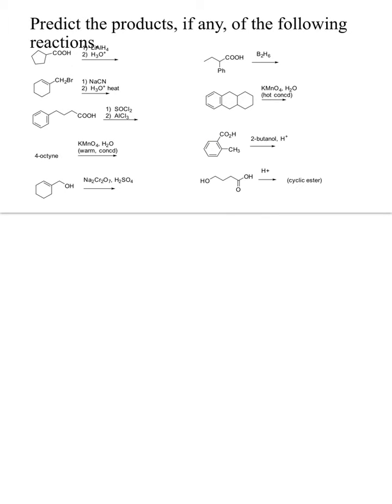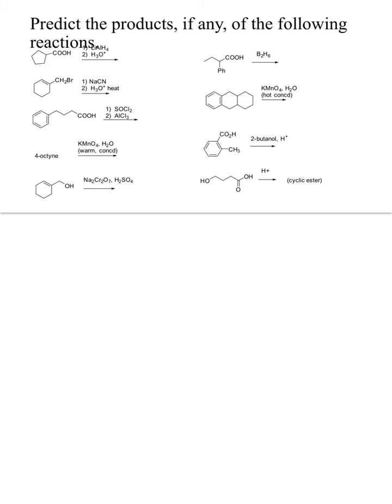Okay, going on to the next page of problems. Number 7, predict the products of any of the following reactions. So we're into the reactions of the carboxylic acid. Lithium aluminum hydride, what does that do to a carboxylic acid?